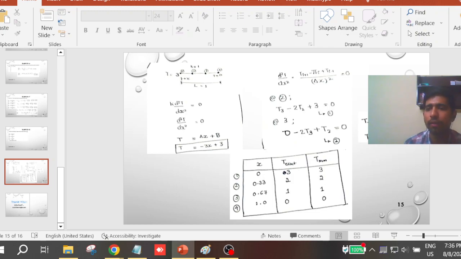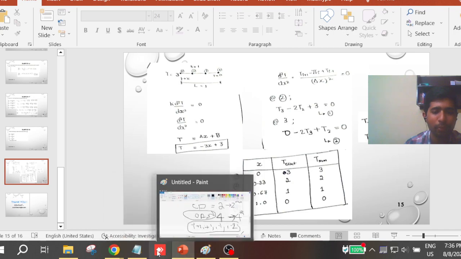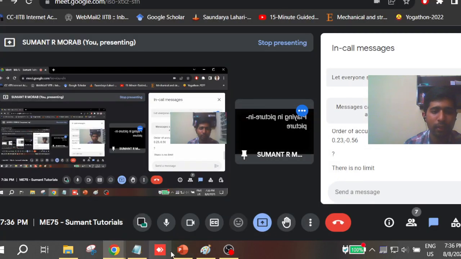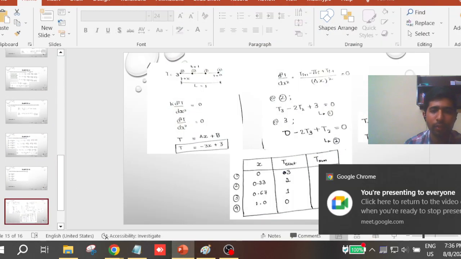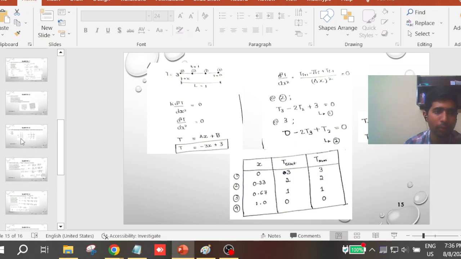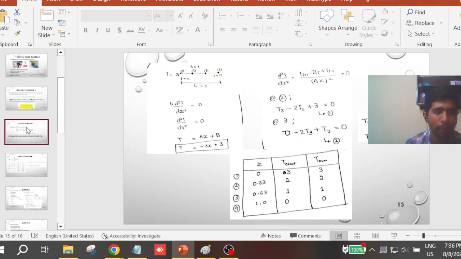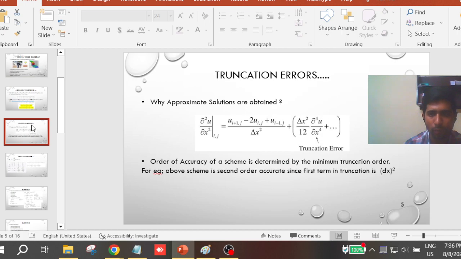Okay, this seems to be a good question because I also really don't know, but let me try to answer it from what I already know. Ideally, it shouldn't be a decimal because you find this truncation error.